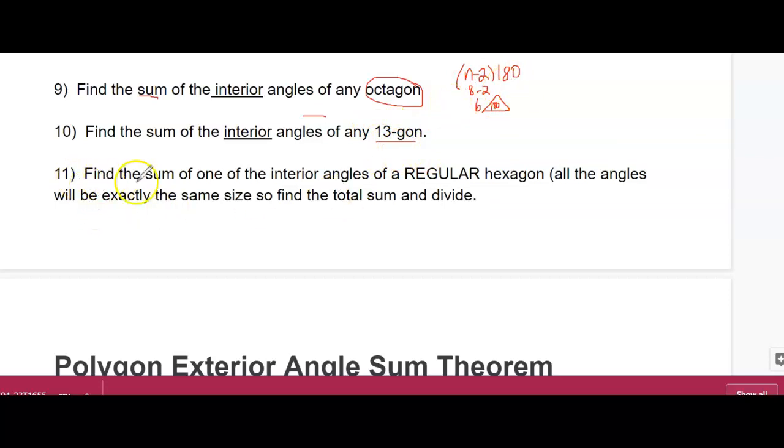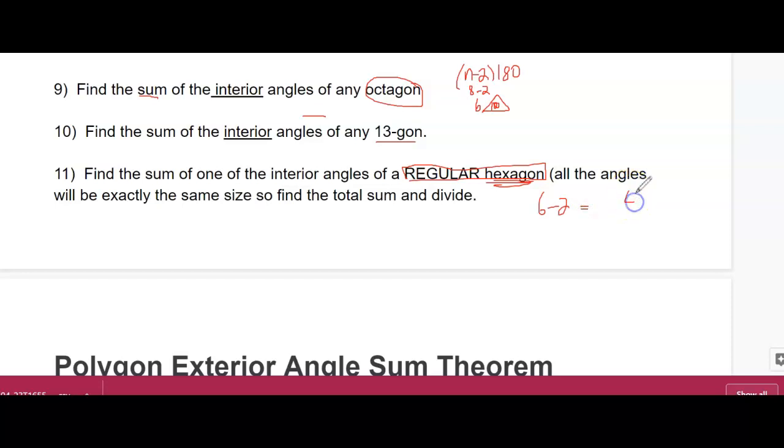Okay, number 11. Find the sum of one of the interior angles of a regular hexagon. This one we'll do together. A regular hexagon means that all the angles will be exactly the same size. So all we need to do is find the total sum. A hexagon is 6 sides, so I'm going to say 6 minus 2. 6 minus 2 is 4.